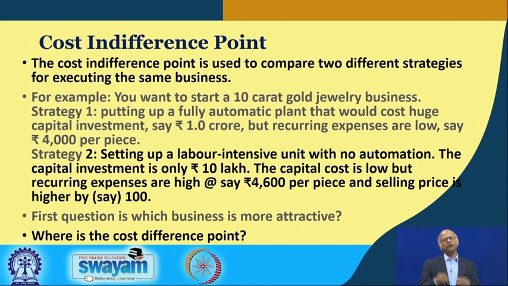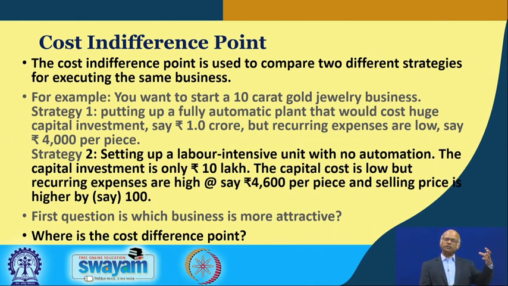See, the cost indifference point is a point where these different kinds of cost structure, meaning businesses of different kinds of cost structure, meet at one point; the profit meets at one point, meaning that the profit is indifferent of their cost structure at a particular point.